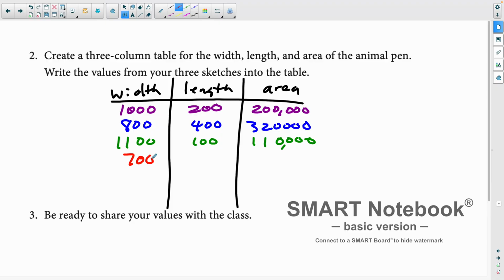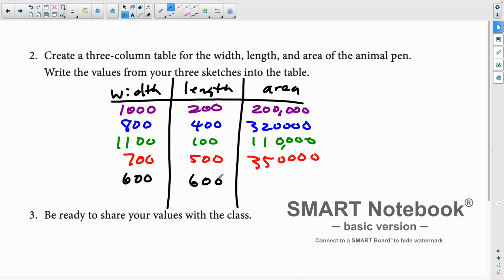So 700 and 500, all right? And that would be 35 with 4 zeros. Now, anybody else? 600, 600. But I thought I'd get a rectangle though. Okay? But it has to be a rectangle.